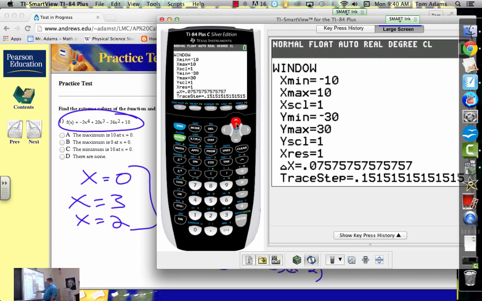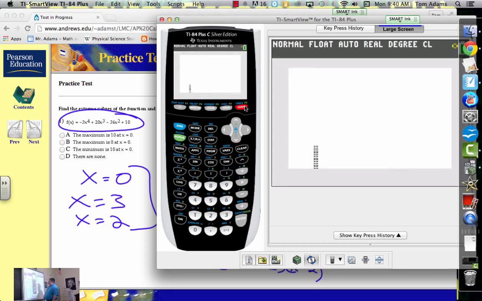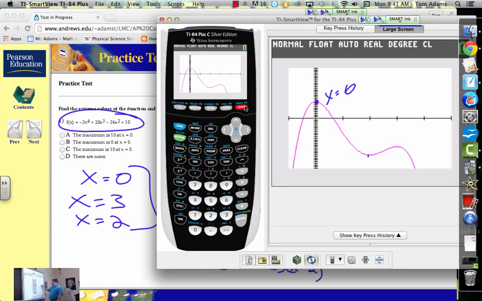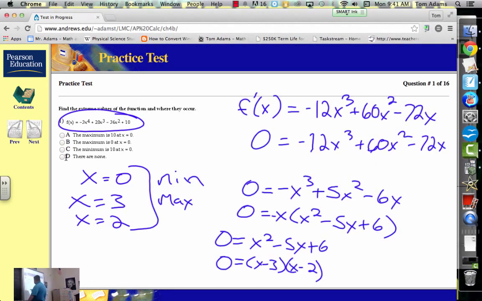Let's start at x minimum of -1 and x maximum of 5, and graph that. Hey, guess what? x equals 0, x equals 2, and x equals 3. See how I did that? All right.